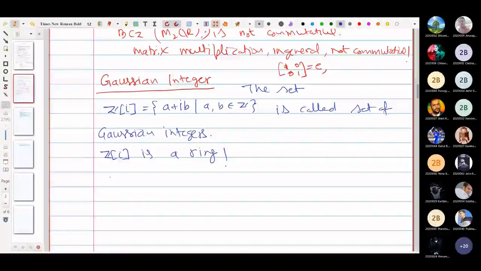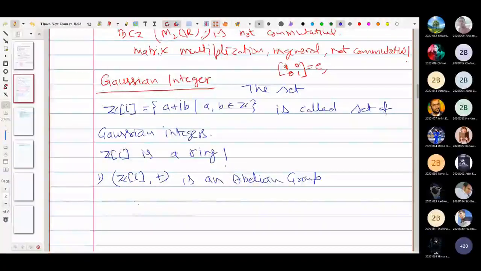Z[i] is a ring. For that you need to verify first that Z[i] under addition, which is component-wise addition, is an abelian group. Addition is defined like this: a plus ib and c plus id equals a plus c plus i times b plus d.